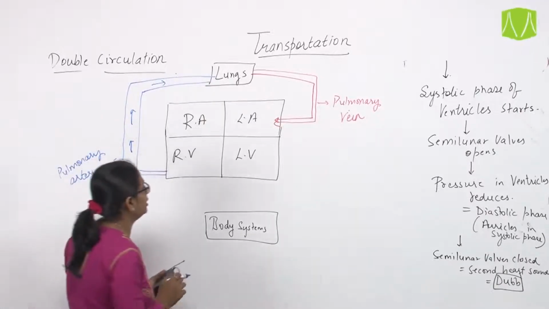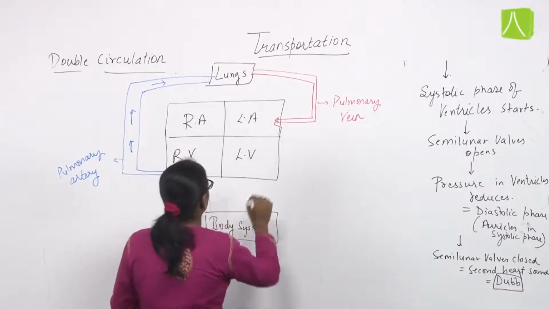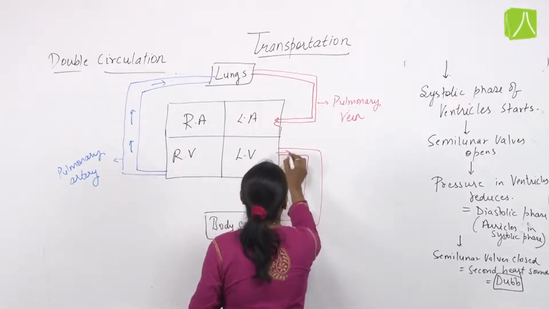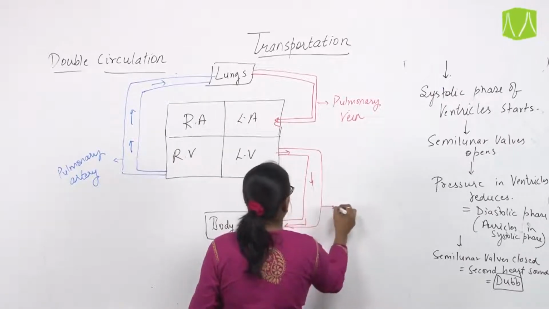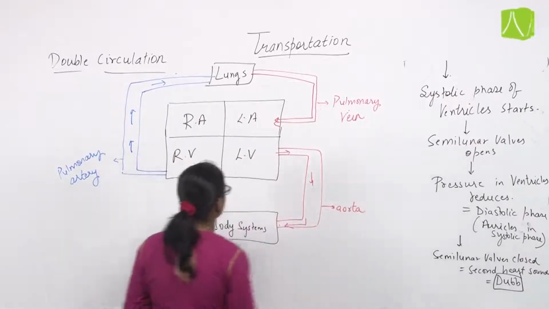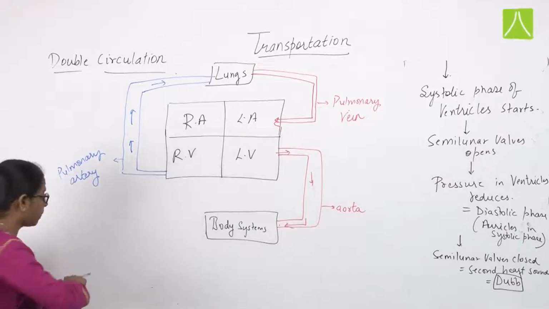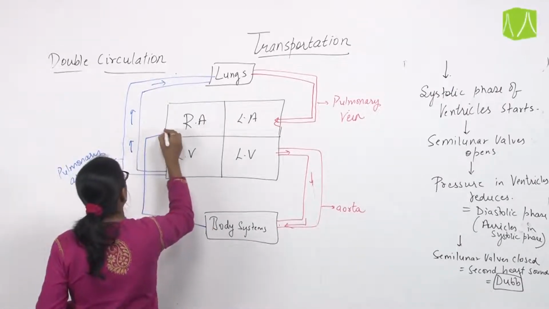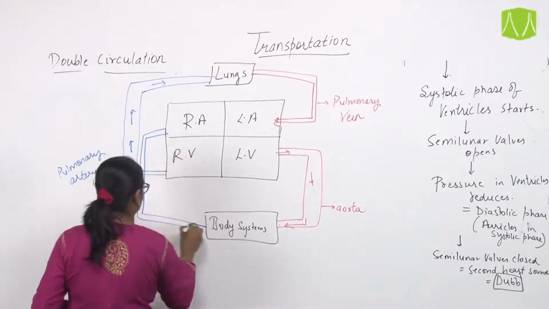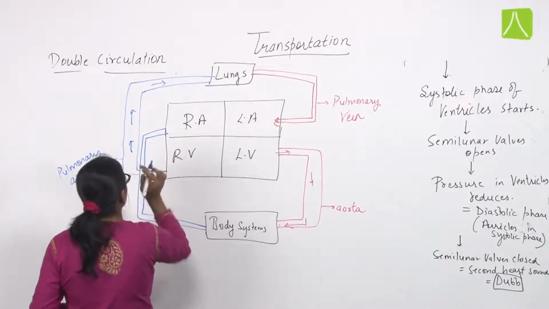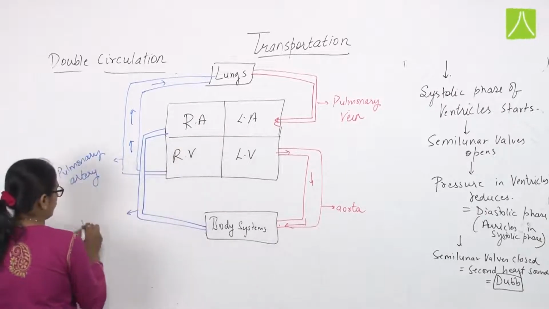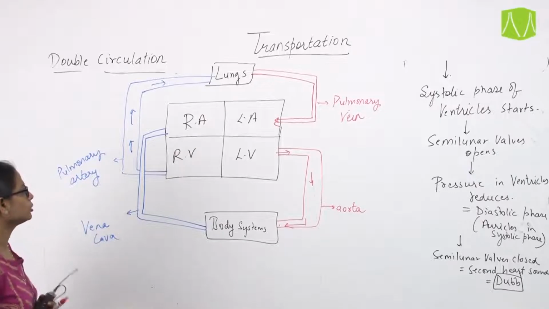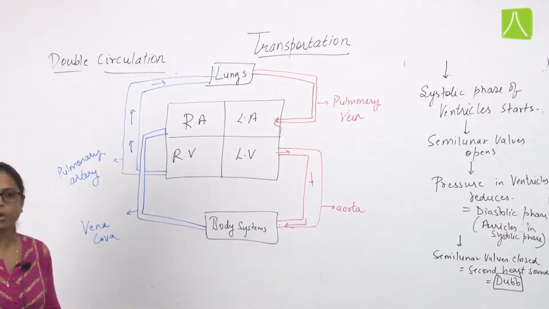Through the left ventricle, the aorta moves out and passes the oxygenated blood to different body systems, and from the body systems, through the vena cava, whether superior or inferior vena cava, the deoxygenated blood moves to the right auricle.